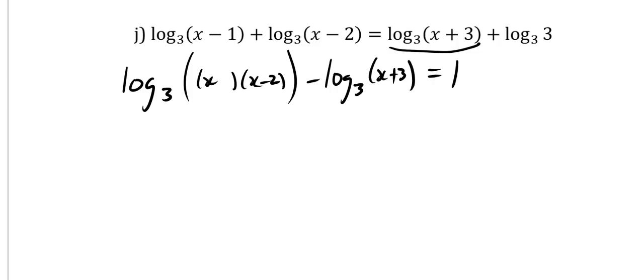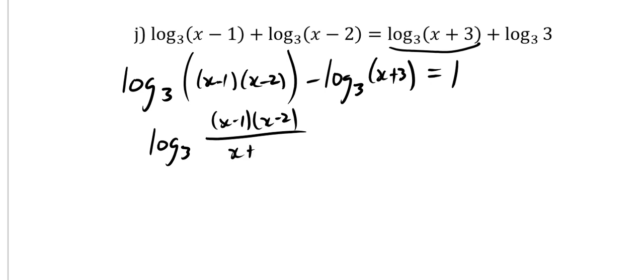Okay, and now I'm subtracting logs of the same base, so I can divide, because I do have to collect everything together. I can't take the log of both sides or the reverse log of both sides until I get everything together. So I get log base 3 of x minus 1 times x minus 2 all over x plus 3 equal to 1.